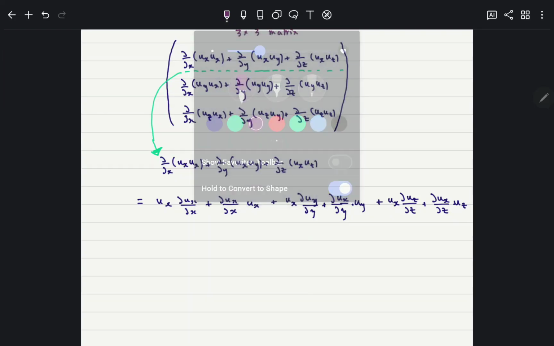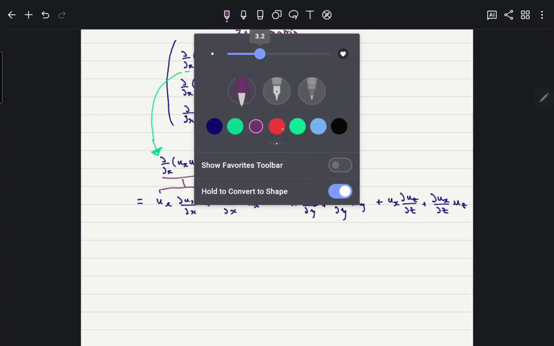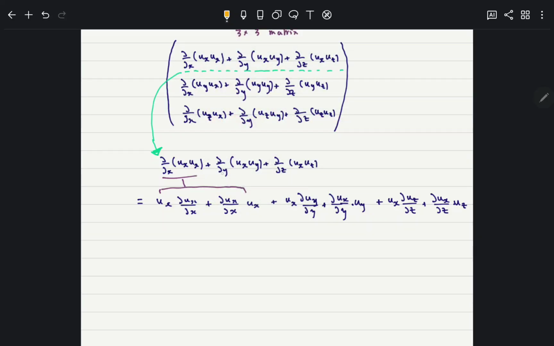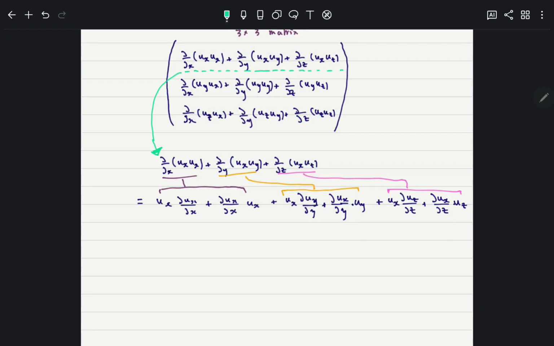Okay, so three combinations of terms. This is here. Let's use different colors, perhaps some orange here. This is here, and finally a little bit of pink for the final term. And I did that because I want you to realize something. This comes from the velocity vector.